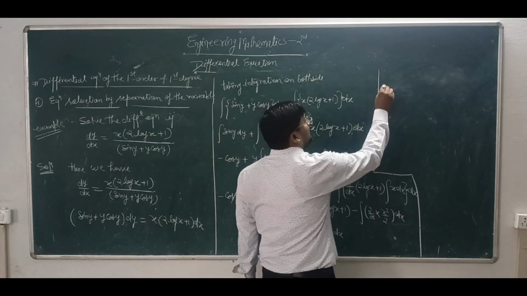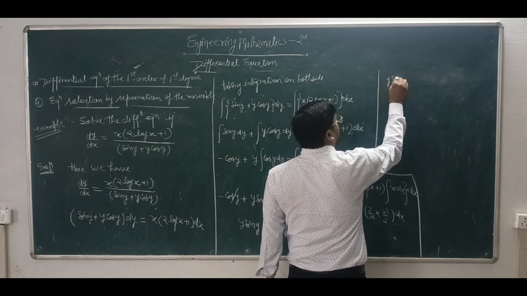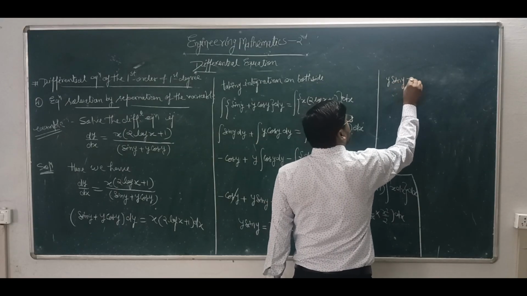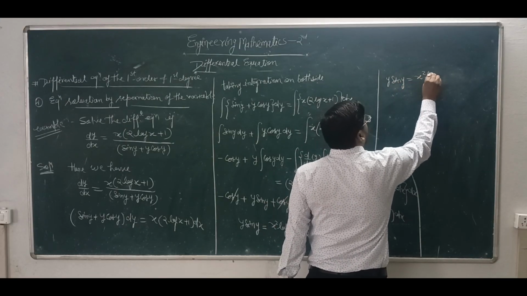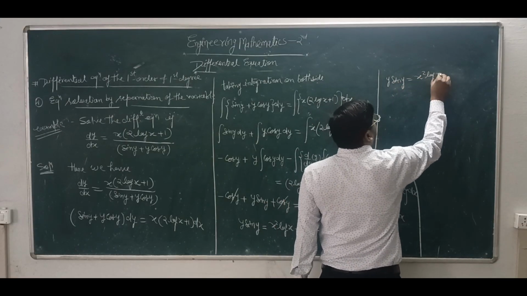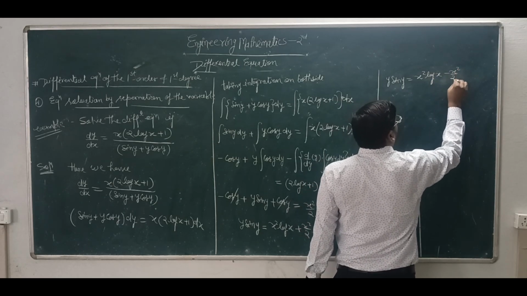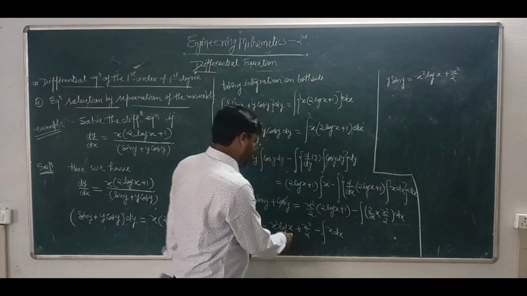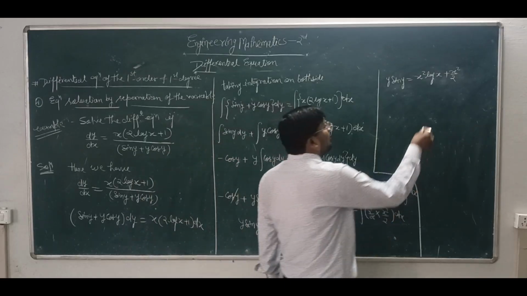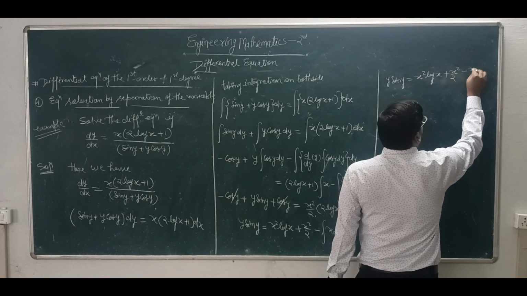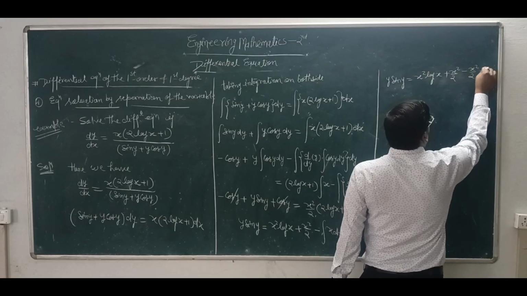Now you can write y sin y is equal to x square log x minus x square by 2 plus x square by 2 minus x square by 2 plus c.